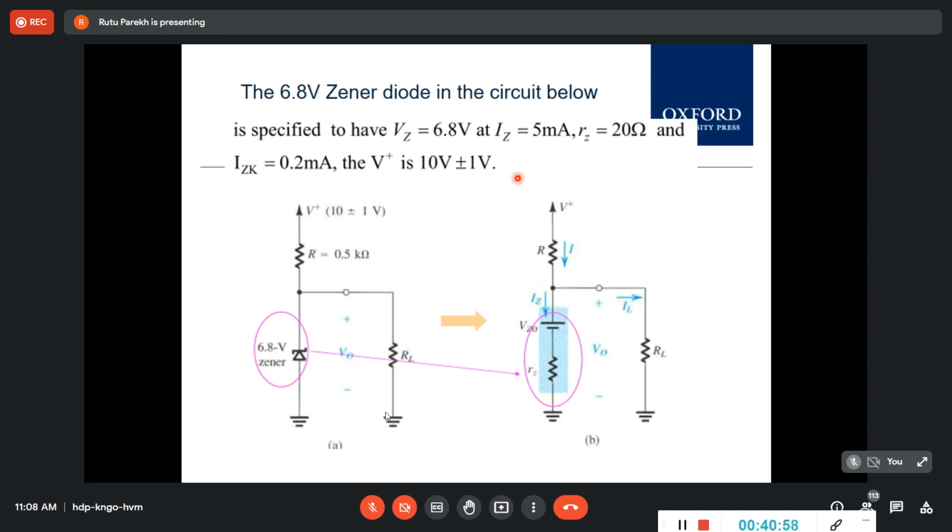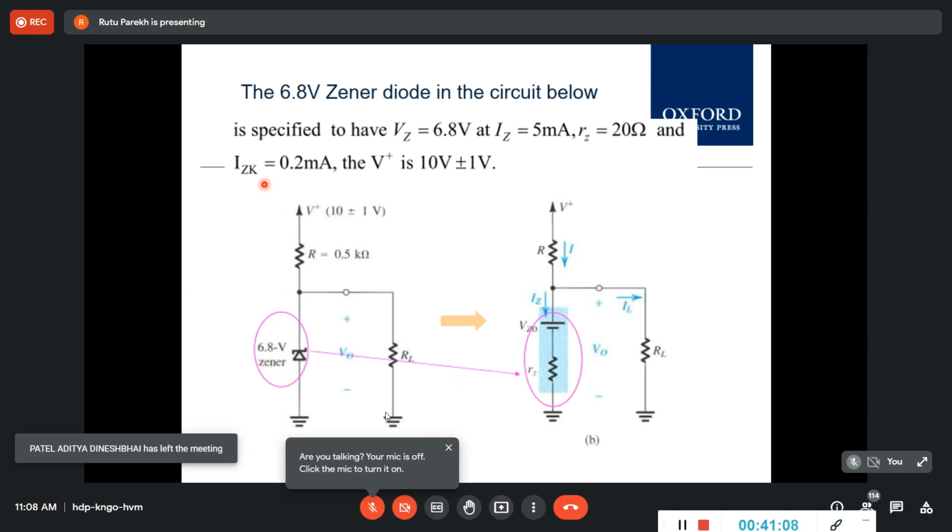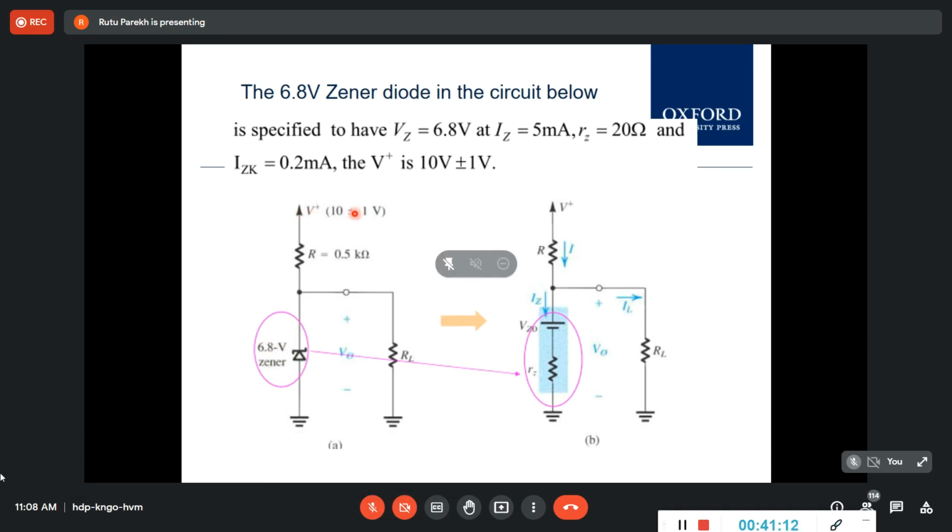Some things are given. The Zener value is given, it is a 6.8 volt Zener, meaning it is conducting at 6.8 volt, and this is the circuit that is given to you, and this is subject to fluctuation of 10%. So if it is 10 volt, it may go to 9 volt, and it may go to even 11 volt also.